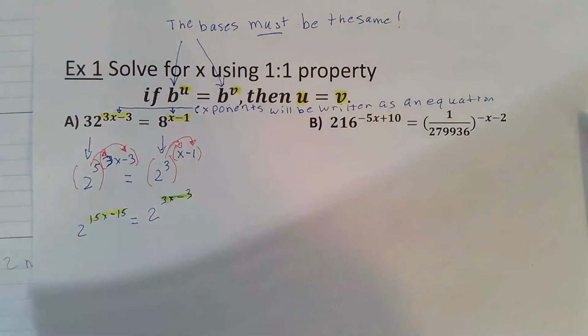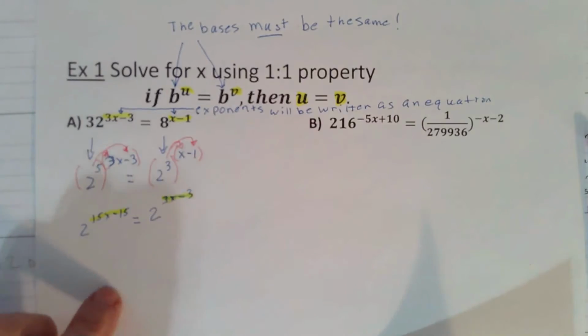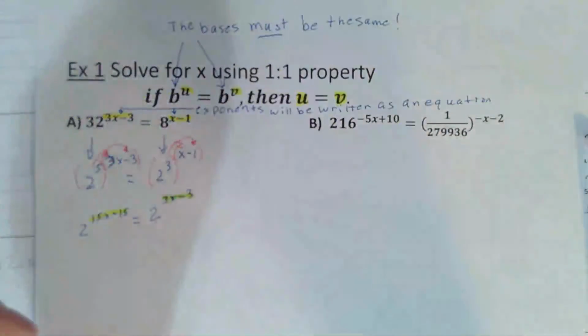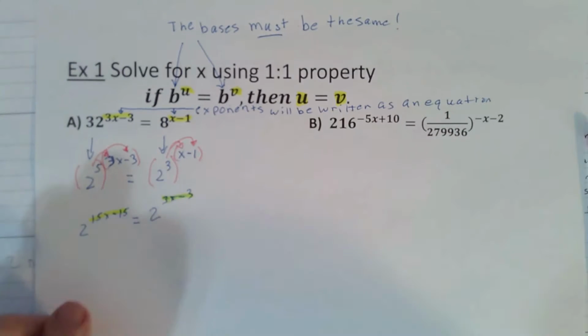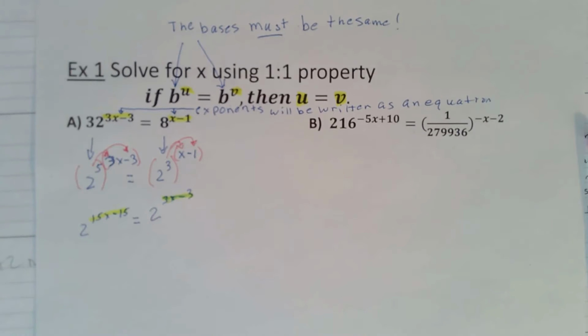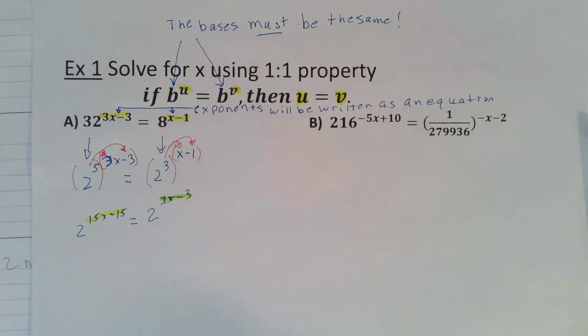I'm going to take that 2 and I'm going to toss it. And instead, I'm going to just deal with the exponents. Let me adjust the focus here. It looks like it's a little bit off. Let's see, is that the focus here? Okay.